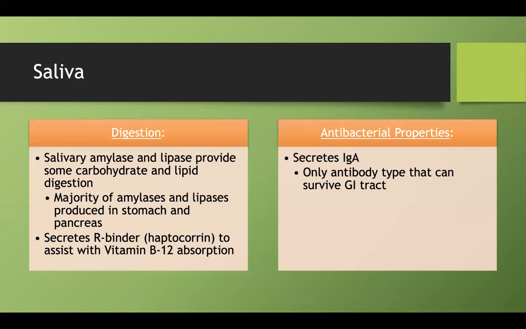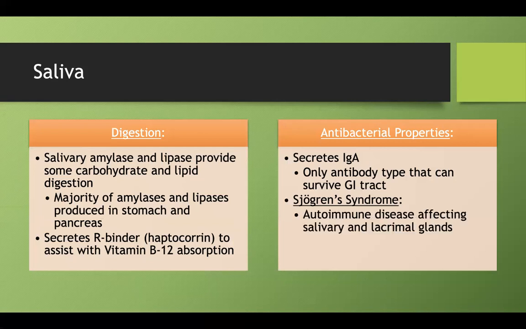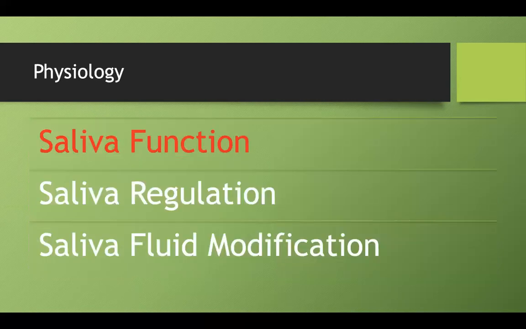One clinical consideration to think about with saliva is that Sjogren's syndrome is a disease without saliva or with decreased saliva output. For that reason, you can imagine there's an increased risk of dental infections and cavities and things of that nature because you don't have the antibacterial properties that saliva gives to us.